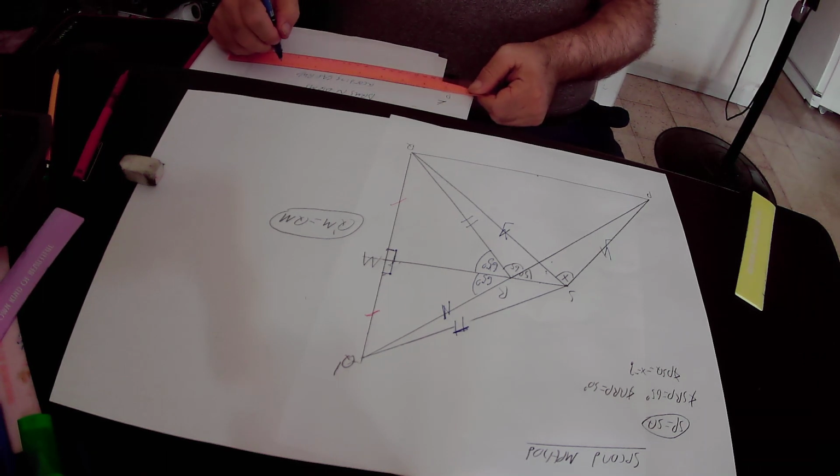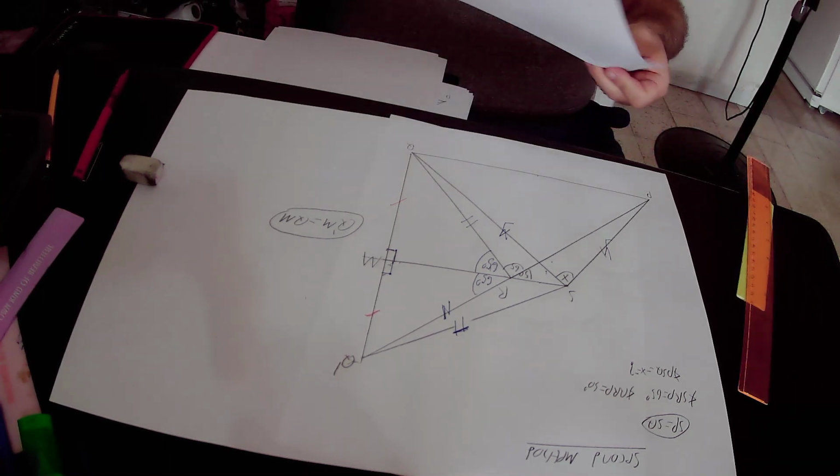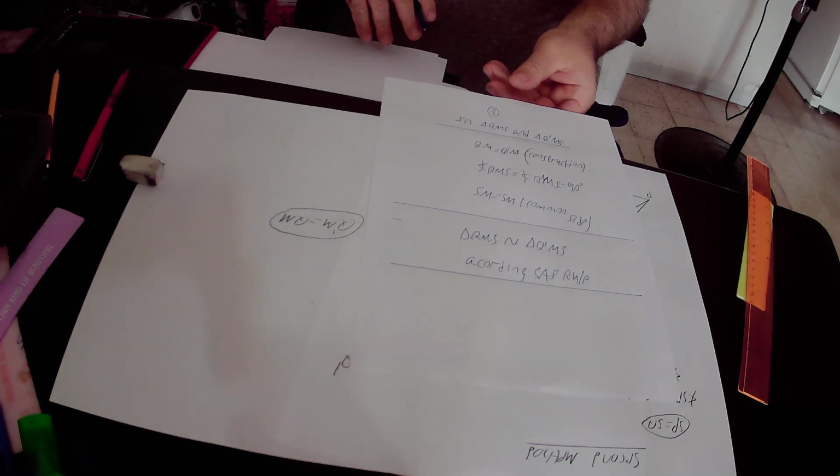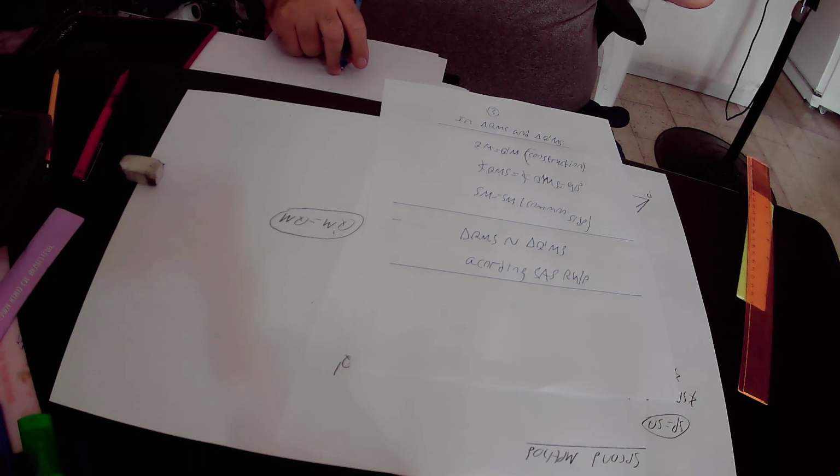I'll repeat again: triangle QMS can go into triangle Q dash MS according to the side angle side rule.